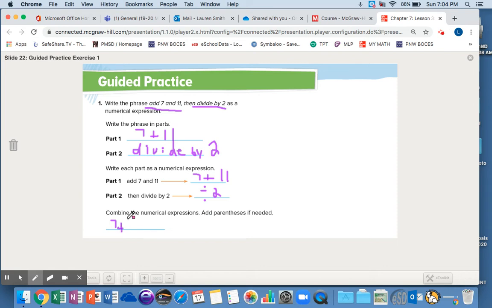So we know that in our GEMDAS, the first thing that comes is groups or parentheses. So you need to make sure I'm going to put this in a group, so let me fix that one, sorry. You can see that it's parentheses. Okay, so 7 plus 11, and then you're going to divide by 2 because that's what it asked you to do, right? Add 7 and 11, then divide by 2. So we have to make sure this gets priority and it goes in a parenthesis.